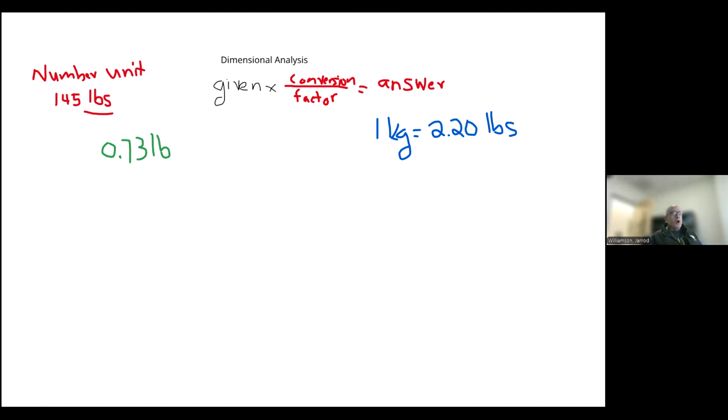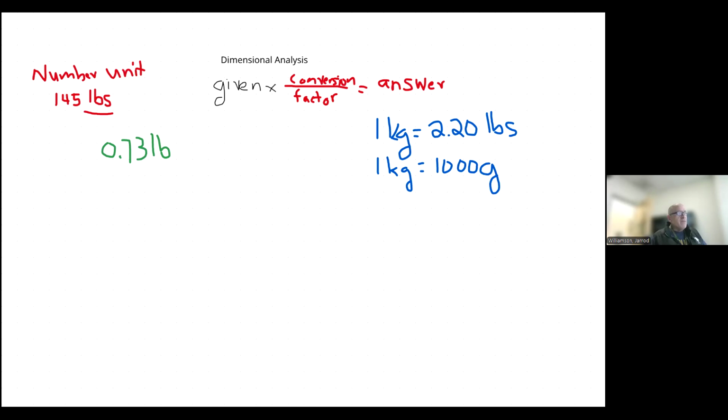And I also know that exactly 1 kilogram is exactly 1,000 grams. These two are exact because that's part of the definition.